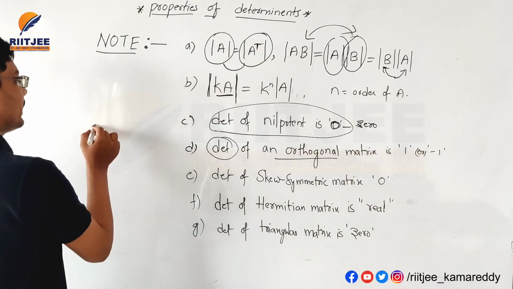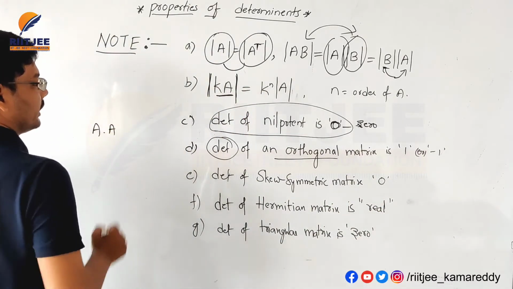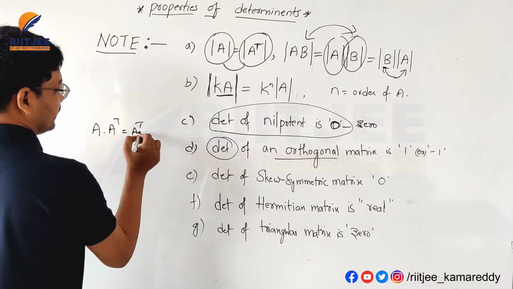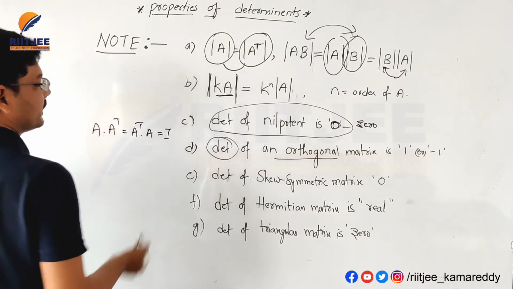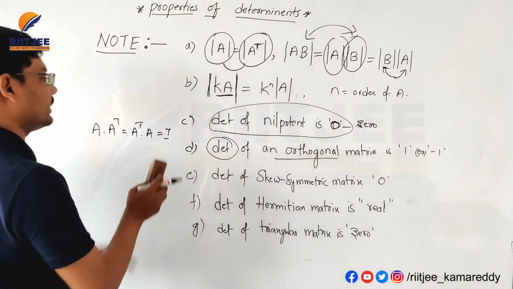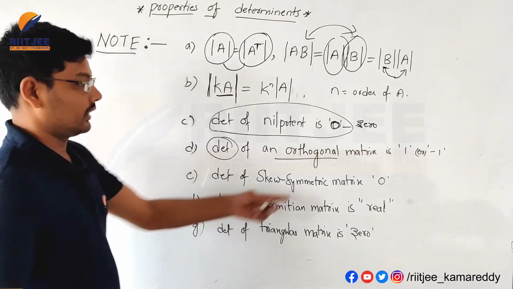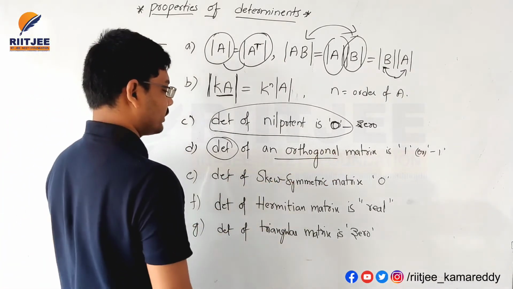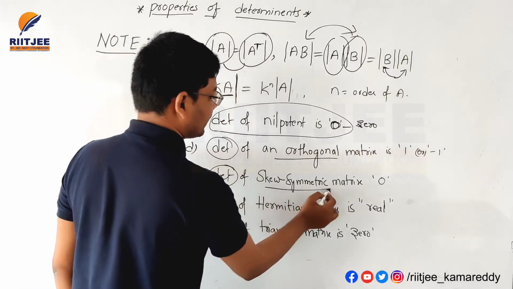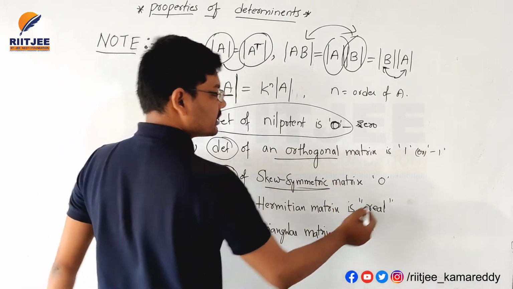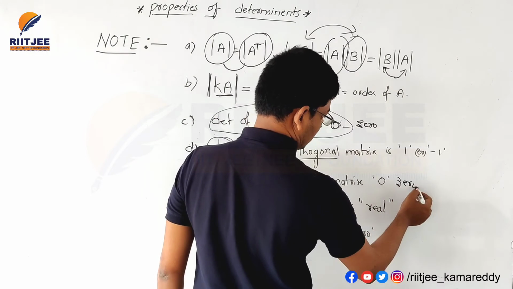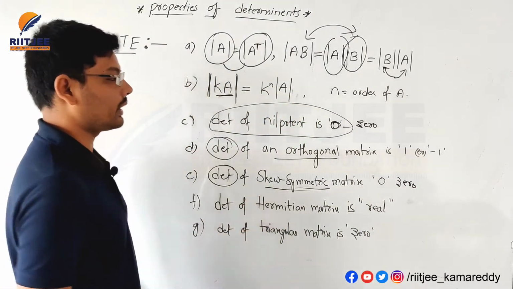Orthogonal matrix is nothing but A into A transpose or A transpose into A is equal to I, that is called an orthogonal matrix. The determinant of an orthogonal matrix is equal to 1 or minus 1. Determinant of a skew symmetric matrix is also 0. This is 0.